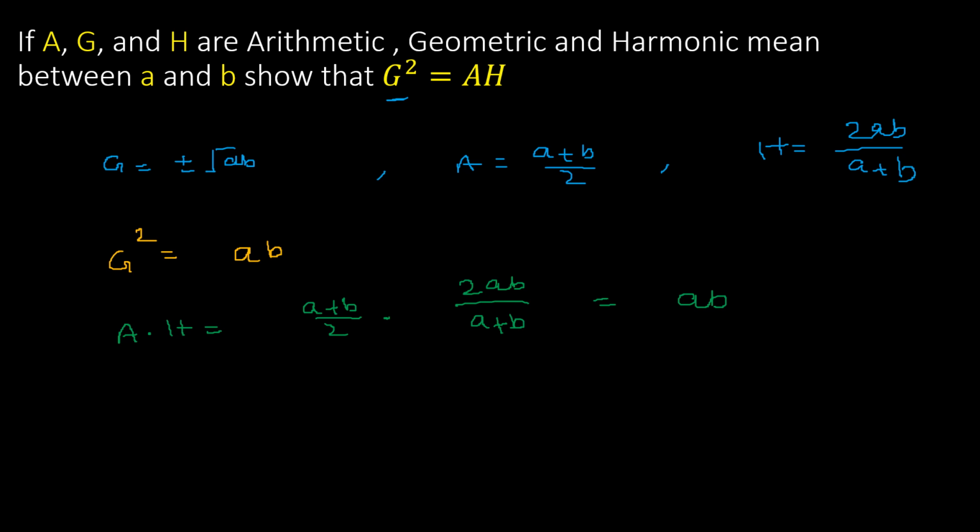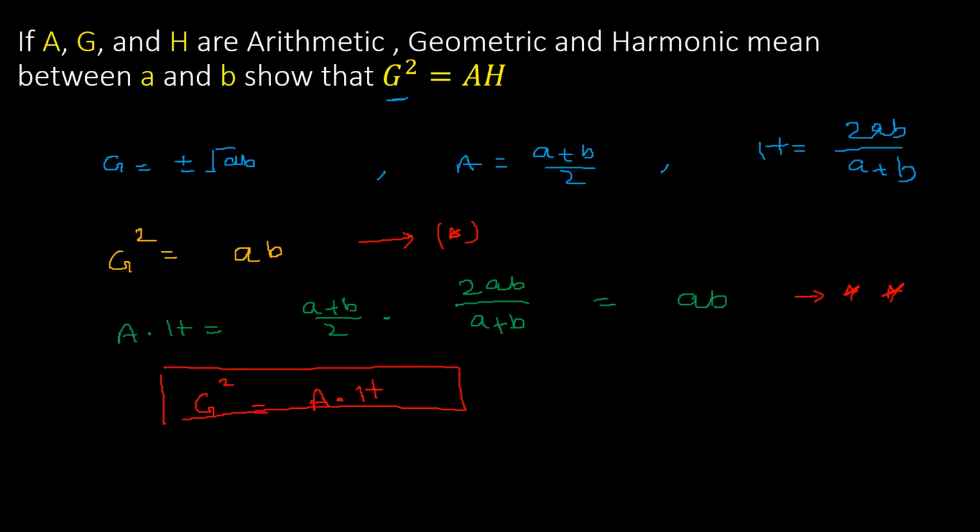So let's say this equation is the star equation and this equation is the double star equation. Then by comparing these two equations we get G square equals A times H. Okay, so hence we have shown the result.